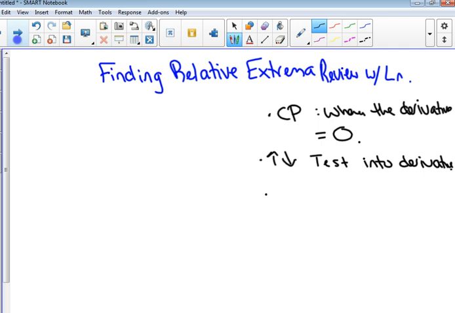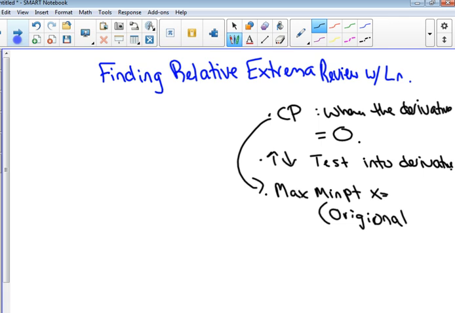For your max min point, your x value, when you get your critical point, that's the x coordinate. Do you remember where you plug the x in to get the y? In the original, nice, good.